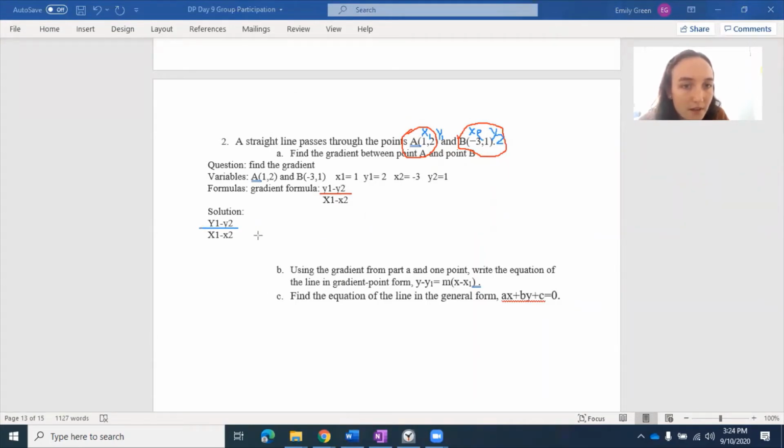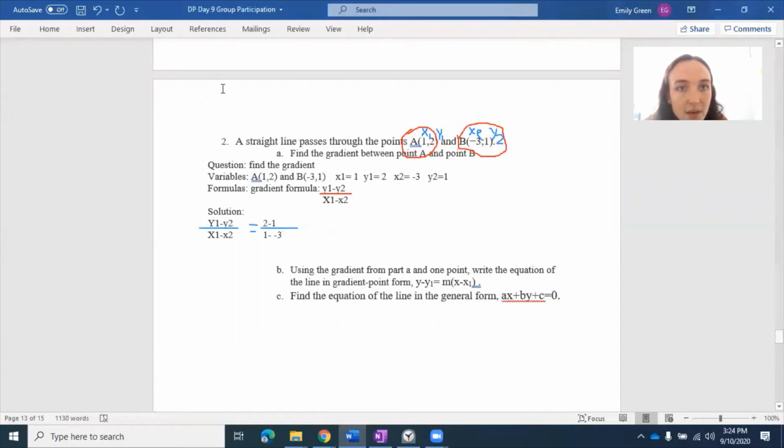So instead of y1 minus y2, it's going to be 2, which is our y1, minus 1, which is our y2. And instead of x1 minus x2, it will be 1 from our x1 minus negative 3 from our x2. Here again, notice that two negatives make a positive.